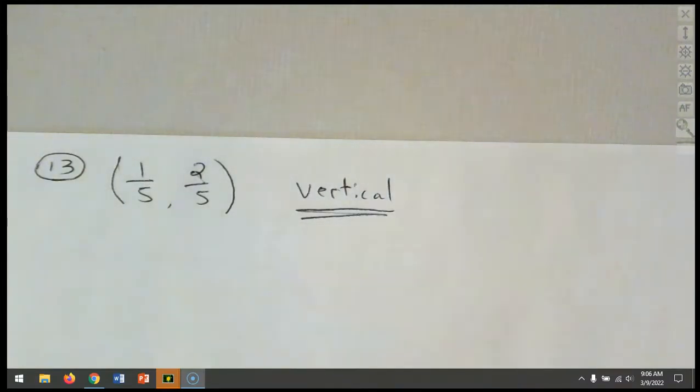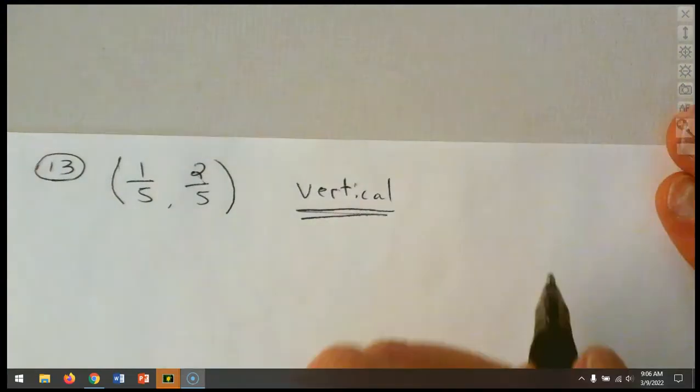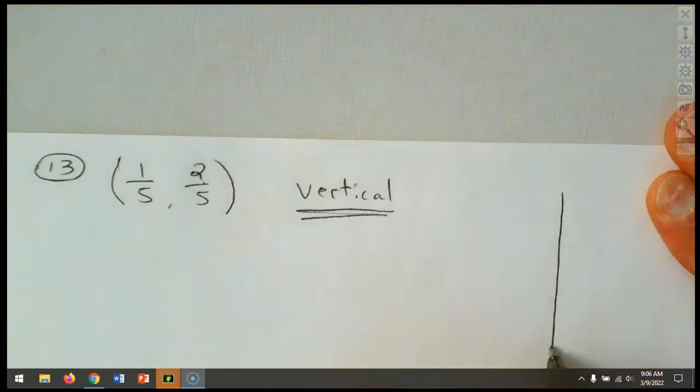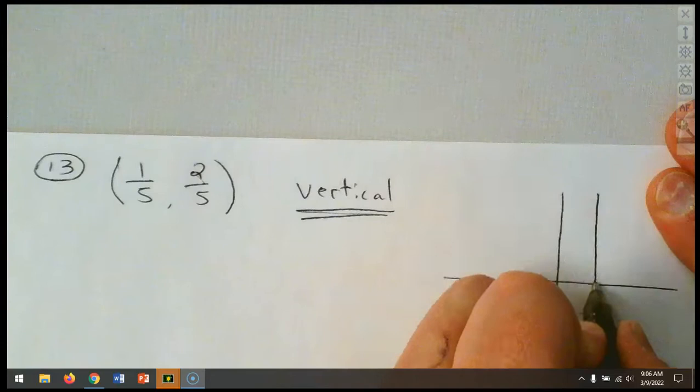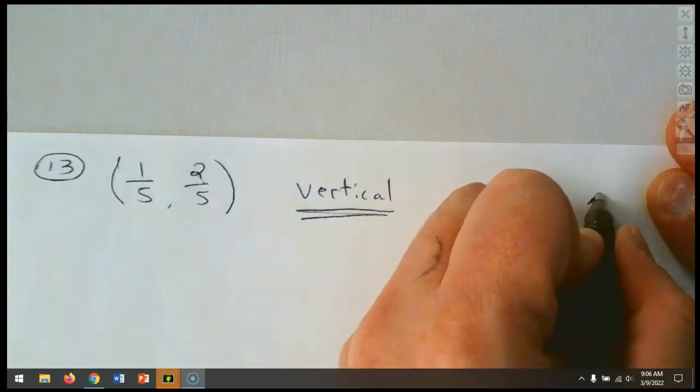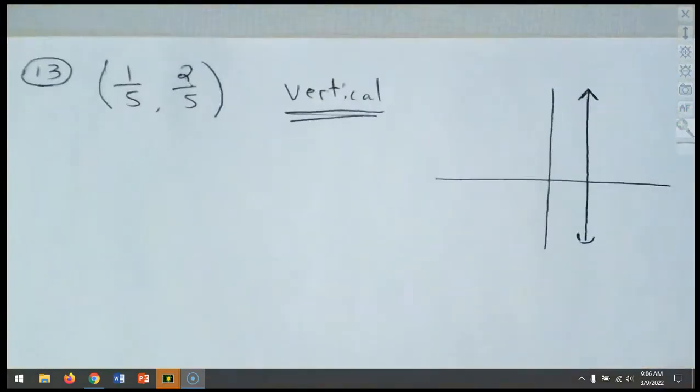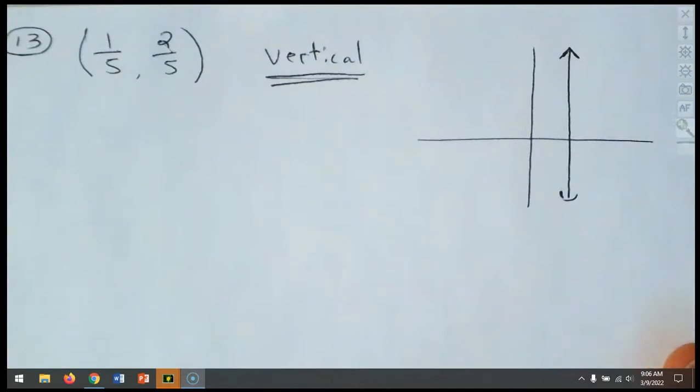We can't use the point-slope formula on this one because this question's a vertical line. So let's think about a vertical line, and let's think about which axis it crosses and what the slope would be. If I have a vertical line that looks like that, right? Okay, vertical line. And we talked about this a moment ago.